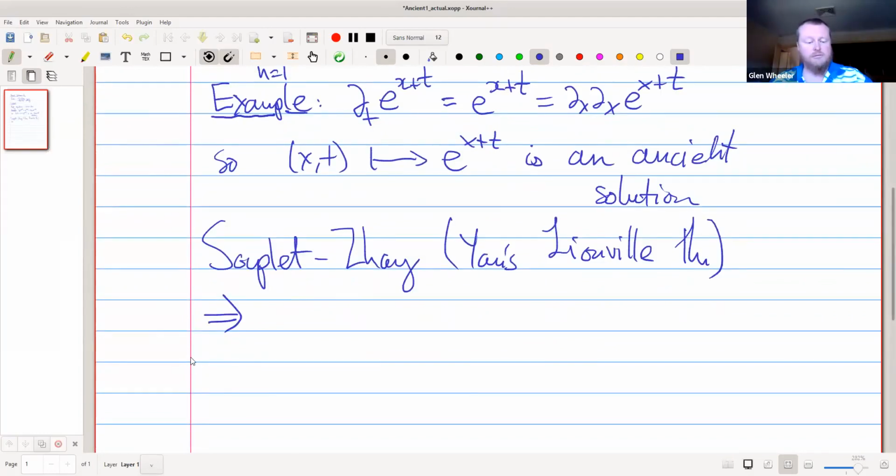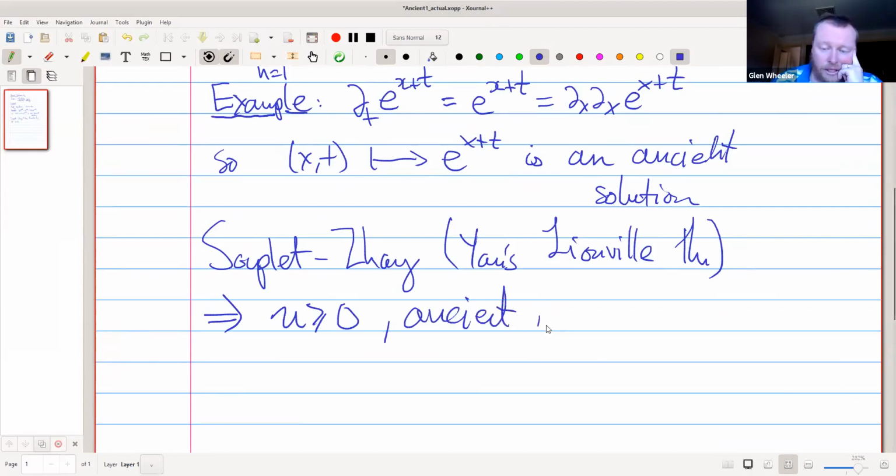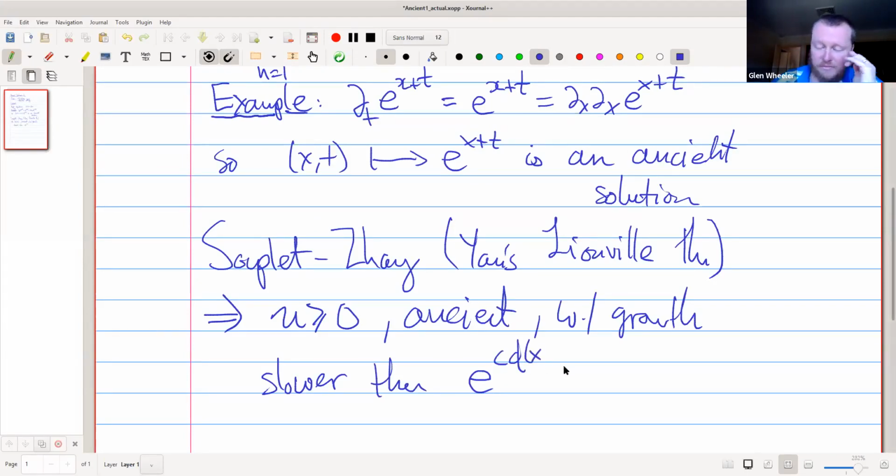It says that if u is non-negative, and it's ancient, and it has growth slower than, or less than, depends how you think about things, e to a constant times the distance to some fixed point, doesn't matter where it is, plus, in the time you need to take a square root because of the scaling of the equation.